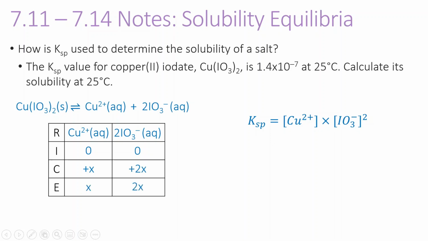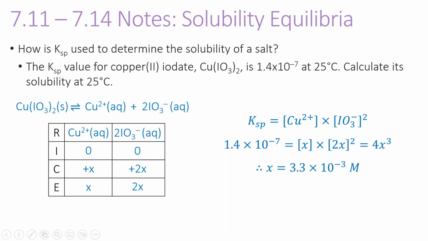So my equilibrium conditions here are just going to be X and 2X. Plugging that into my KSP expression, I end up with KSP equal to X times (2X) squared. So (2X) squared gives me 4X squared, times X gives me 4X cubed.